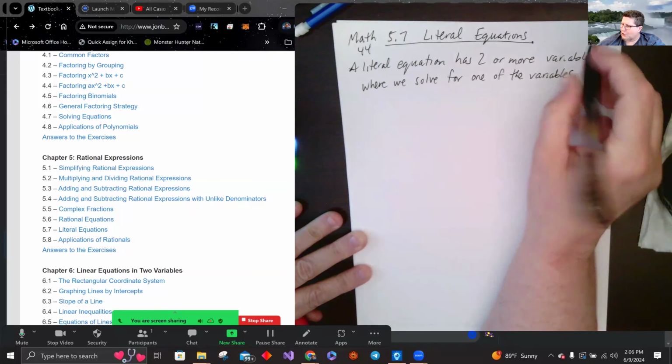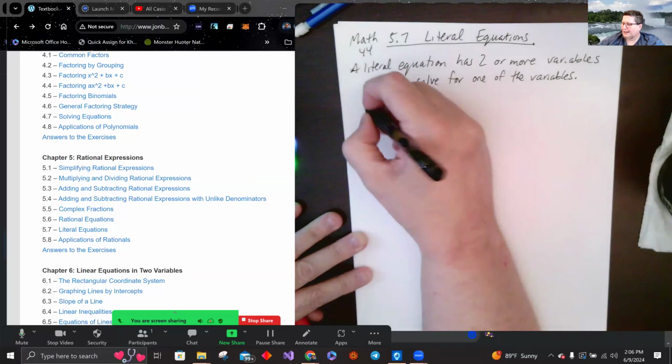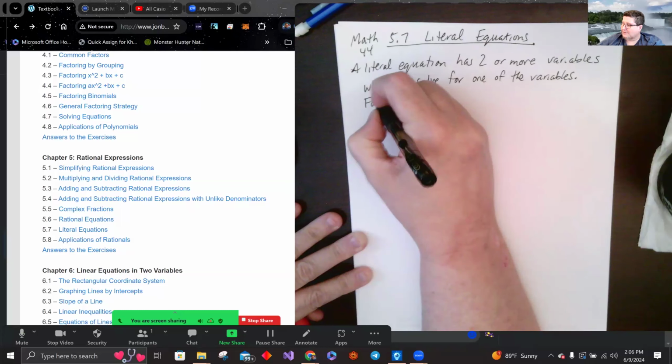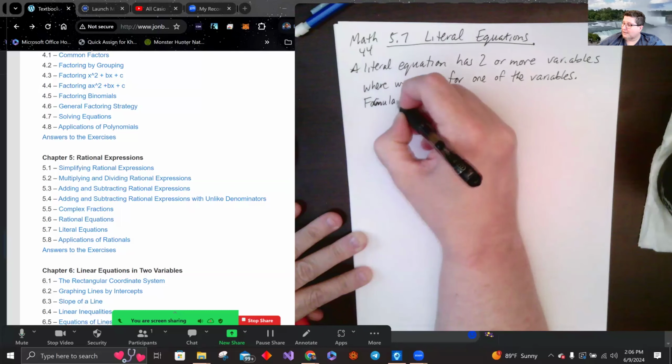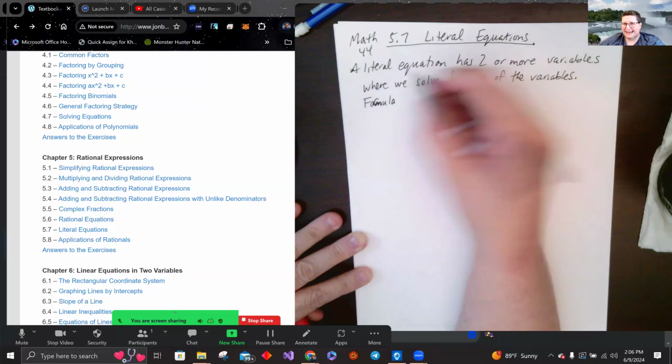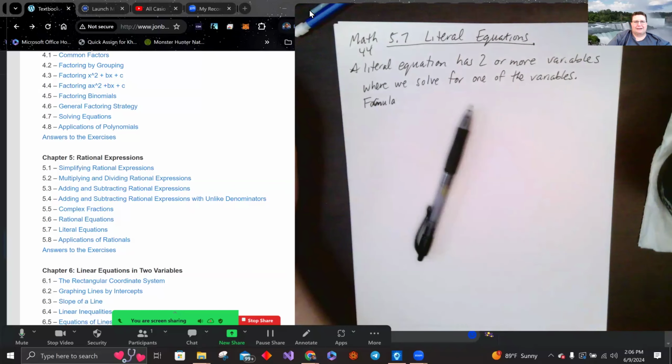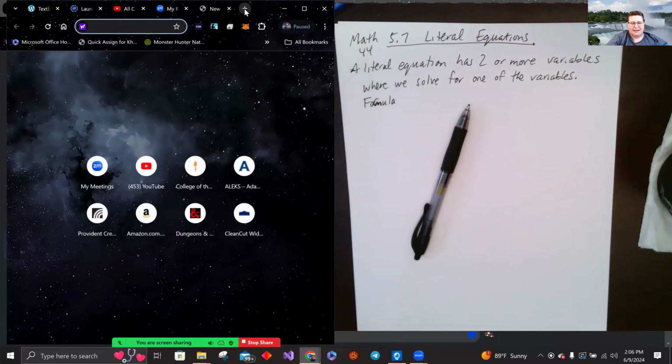Another word you might know these as is formula. Formulas, or formulae. Maybe you learn something every day. Formulae, what is that?